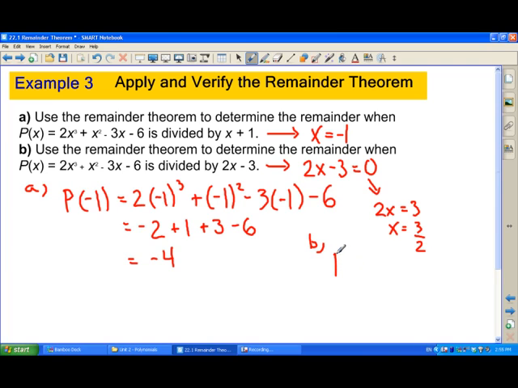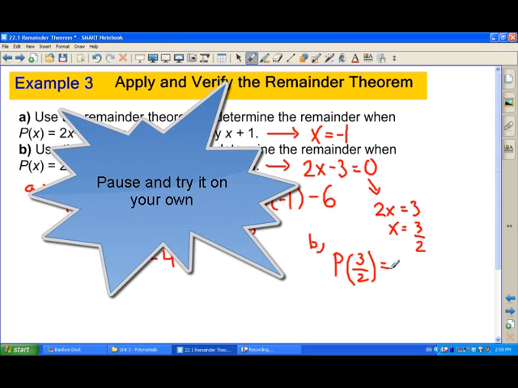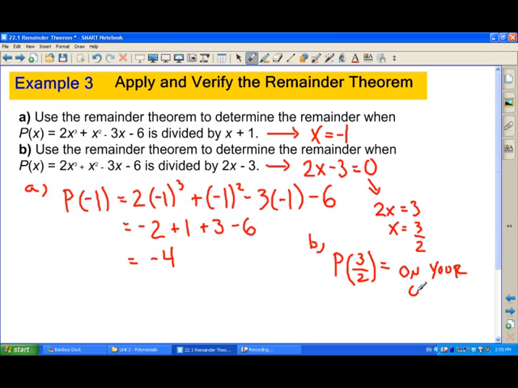So to do B, I would be evaluating the polynomial at 3 over 2. You can try that on your own. And you should get a remainder of negative 3 halves. Okay, try that on your own and see if you get the right answer.